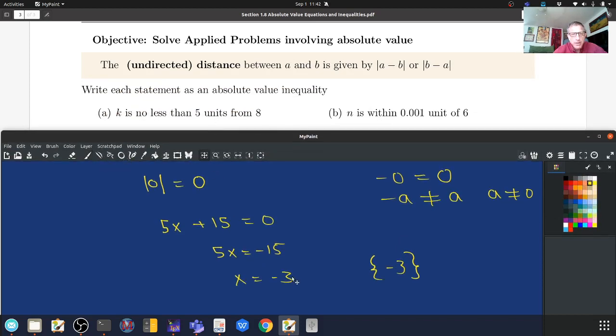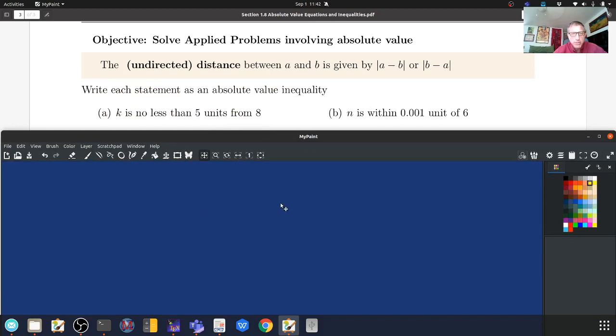So another concept, which we actually saw visually, is the undirected distance. Say, wait, what do you mean an undirected distance? Well, I can walk west 5 miles, that's a directed distance. And I can walk south 5 miles, that's a directed distance. My destination is going to be different in each case, but the distance I traveled is going to be the same.